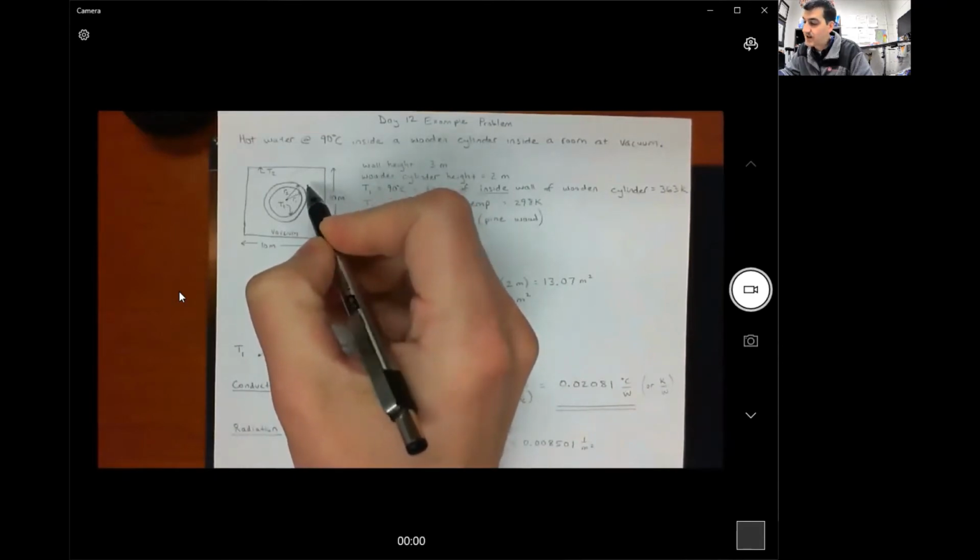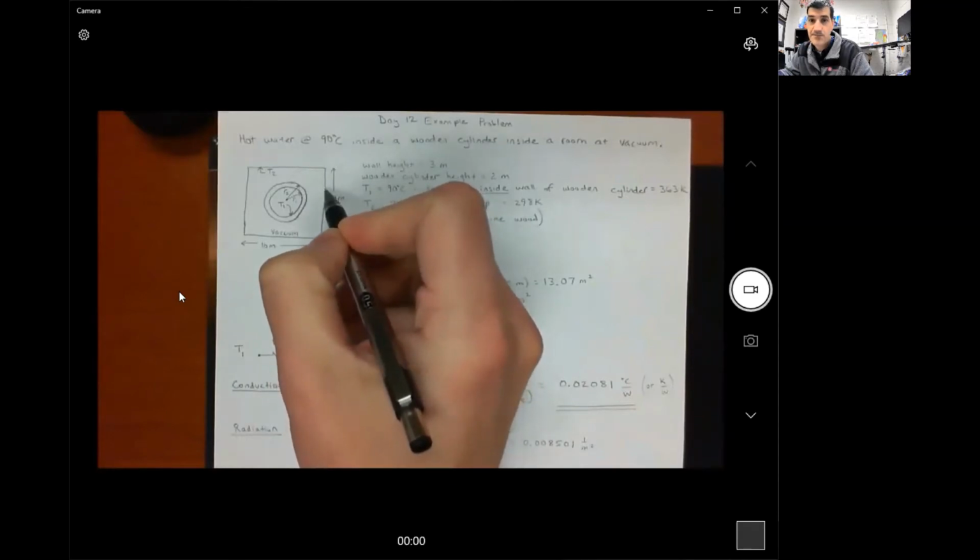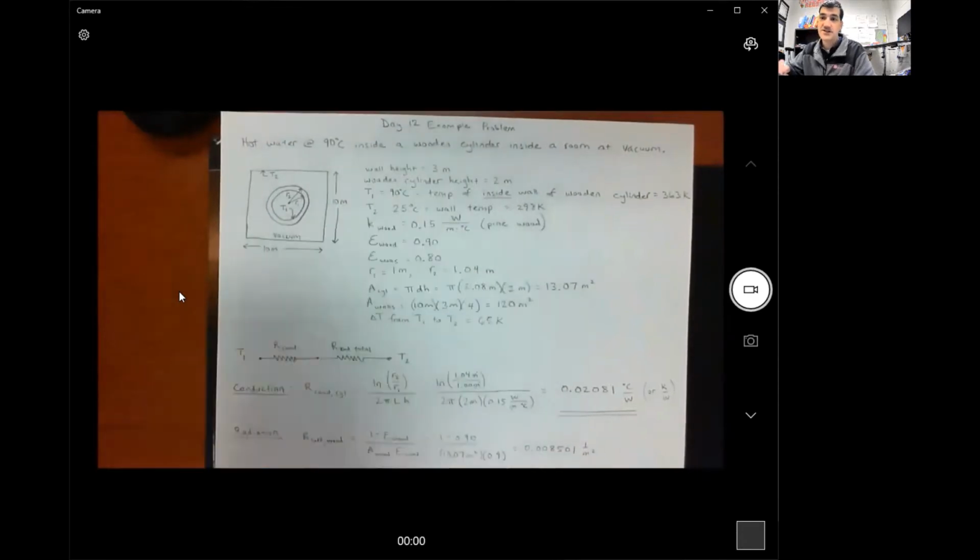And then it's going to transfer from the outside exterior of the barrel to the walls of the room. All right, so that's basically the question. How much heat is going to transfer from the hot liquid that's inside the barrel to the walls of the room? How much heat transfer are we going to get?